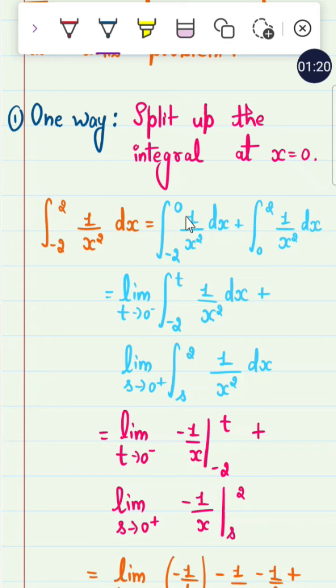square dx, right? As it is 0, so it goes to limit t tending to 0 minus, okay, because minus 2 to 2, this is the number line, and we have minus 2 and plus 2.